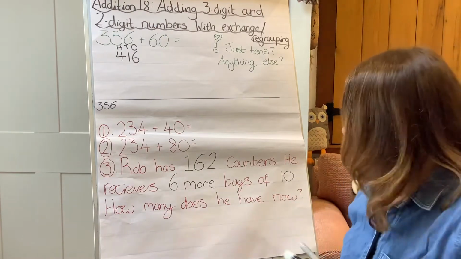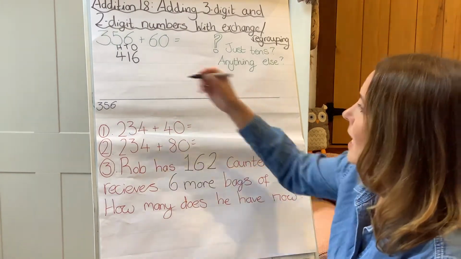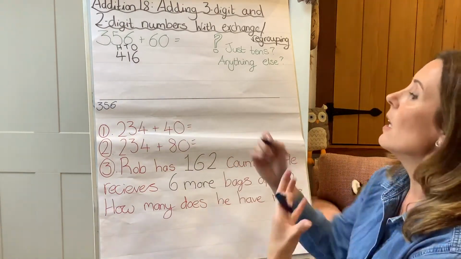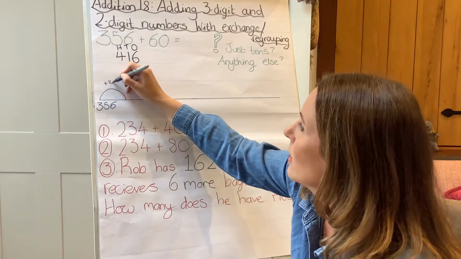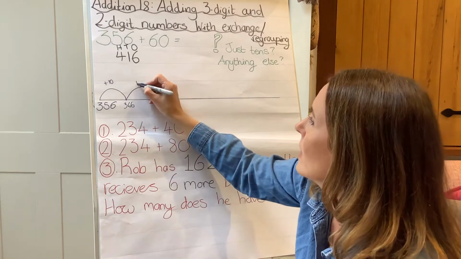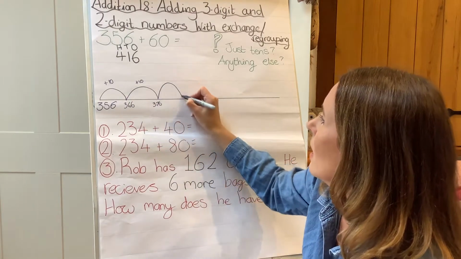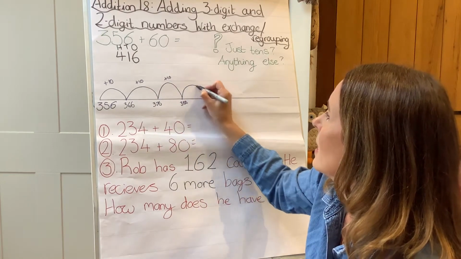Let's have a look at this on a number line. If we started at 356 and we wanted to add on 60, we could count forward in tens. We could go add 10 on, takes us to 366. Add another 10, takes us to 376. Another 10 takes us to 386.